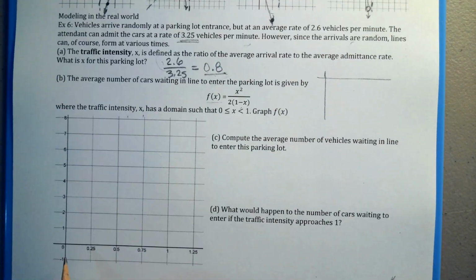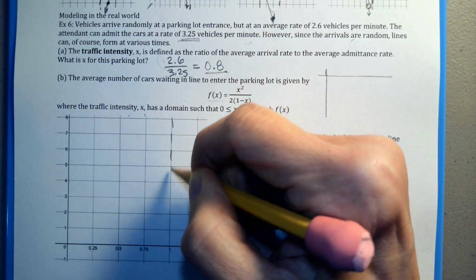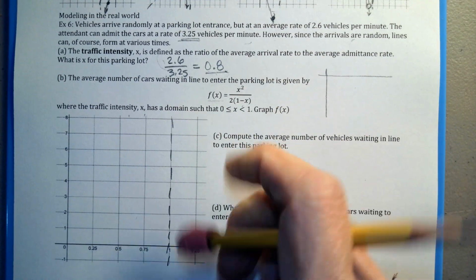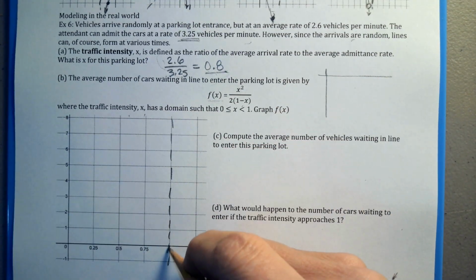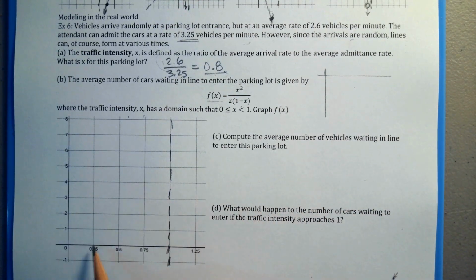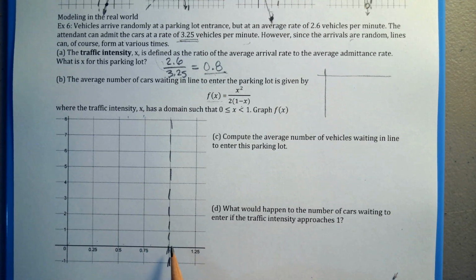So I kind of made a weird graph because I knew what this sketch was going to look like. So here we have a vertical asymptote. Okay. And so let's just pick some values.